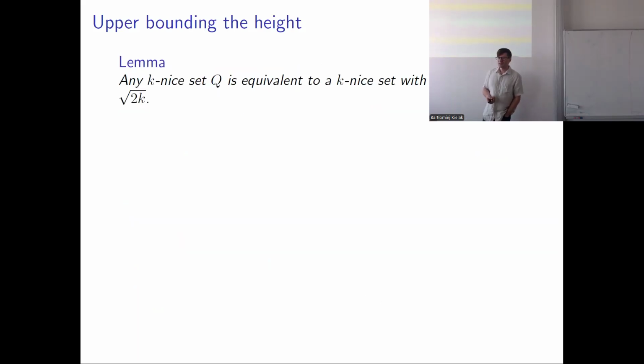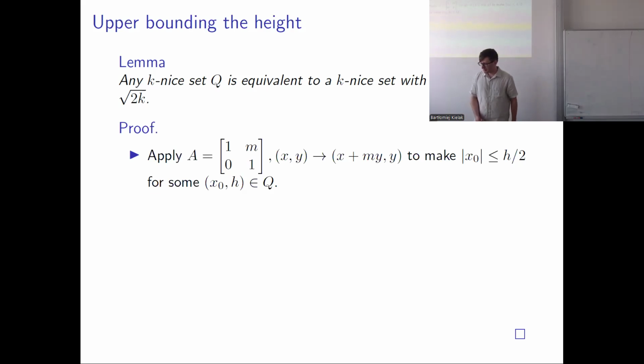Okay, so once we know the notion of equivalent sets, let me state the lemma that any k-nice set Q is equivalent to some k-nice set of height at most square root of 2k. What is the idea of the proof? First, I want to take the point which is at maximum level. It has some x coordinate, and now I would like to move this point as close to 0 as possible in the first coordinate.